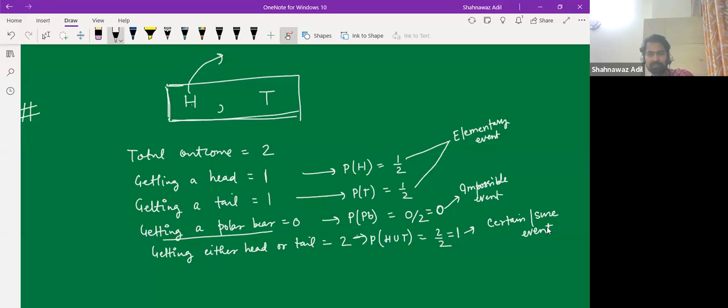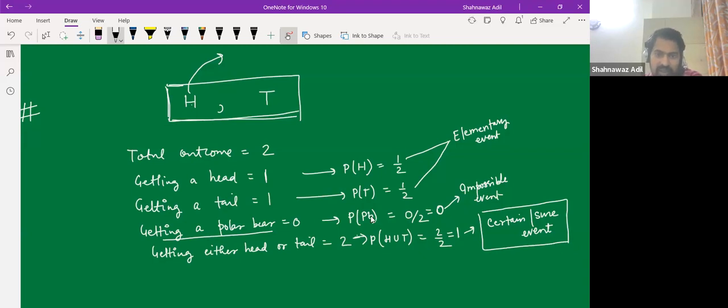Understood, everyone? When I toss a coin, there is a 100% chance that I'll get either a head or a tail, right? So that is a certain or sure event.